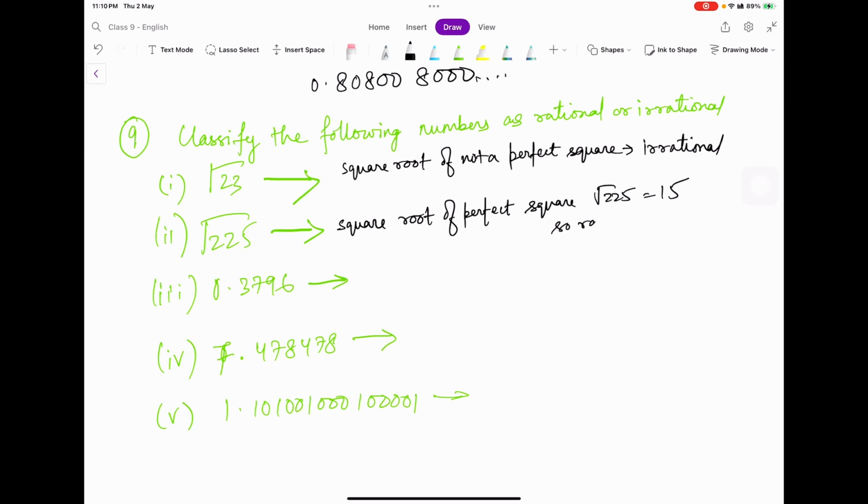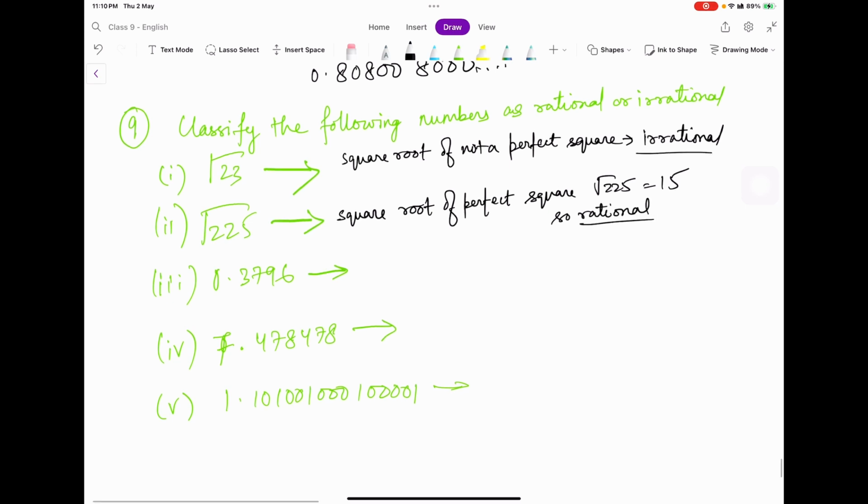So it is rational. The first is irrational, this is rational. This one is a terminating decimal expansion, so it is rational.